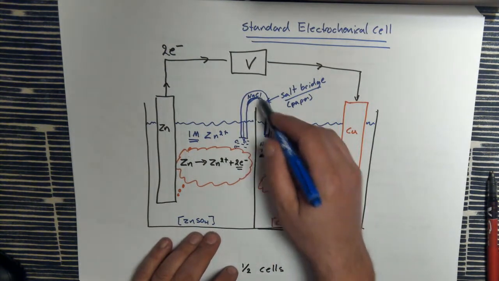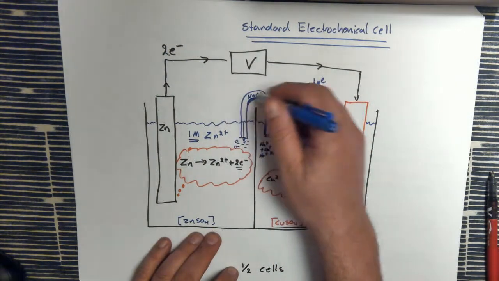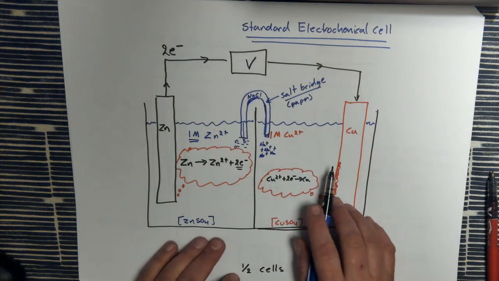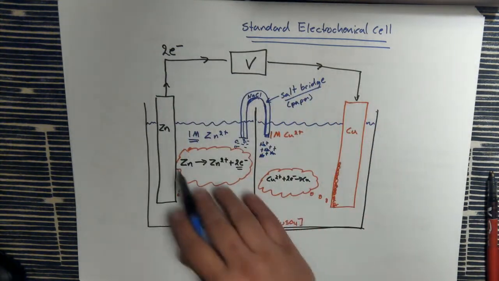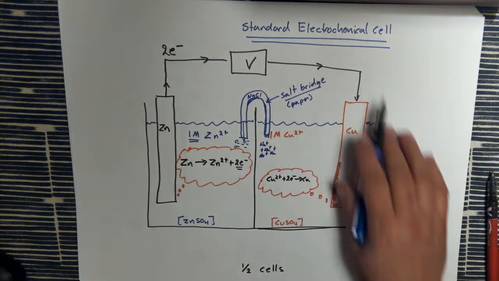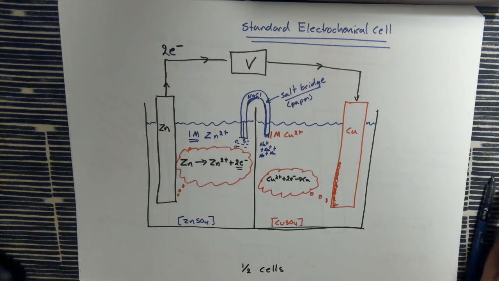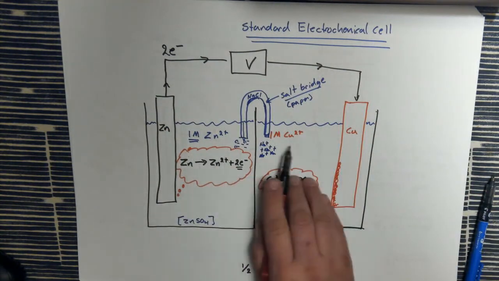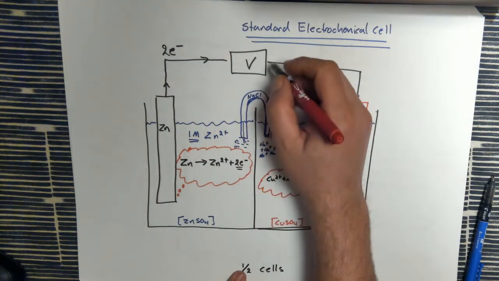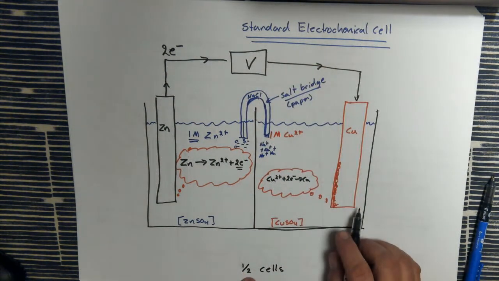If there's a successful transfer of ions from the salt bridge, then this cell will continue to work. And because we have a standard here, it will generate exactly the voltage potential that you would expect.